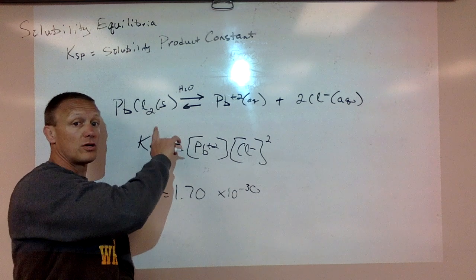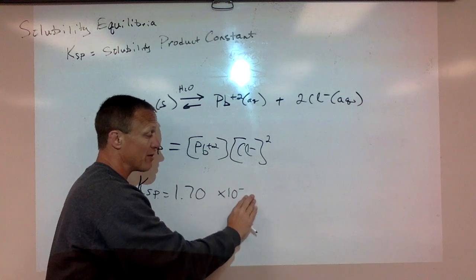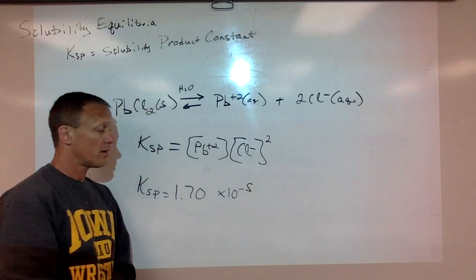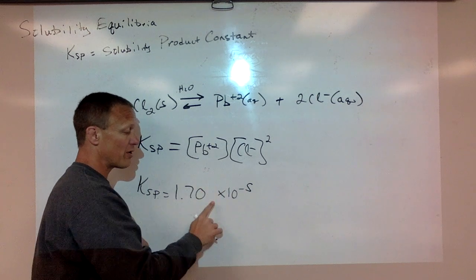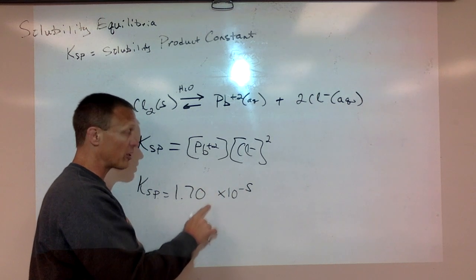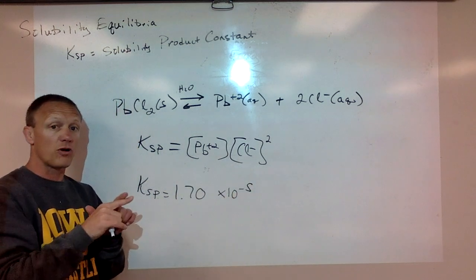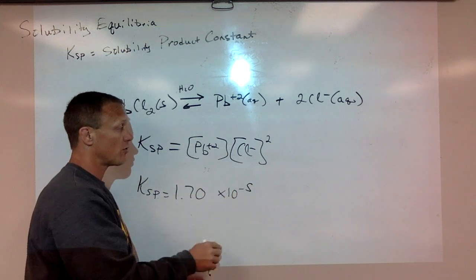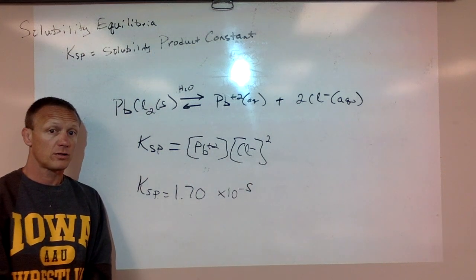Not dissolving very much. The bigger this number is, in this case a fairly big KSP, the bigger the concentrations that multiplied together give that. Solubility product means their product equals this. So the bigger this number is, the more it was dissolved.